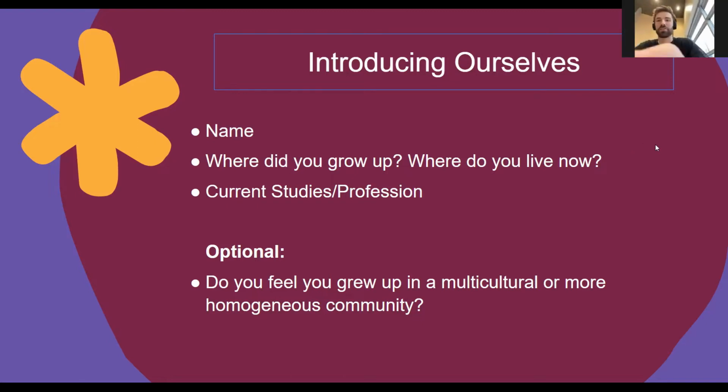I could introduce myself. Can you hear me? Yes. Okay, so I'm Alex. I originally come from Budapest, Hungary. I grew up there, although I also lived in Baltimore, Maryland for about 8 months when I was in my early 20s. And I would say I grew up in a pretty homogeneous context, but now, actually, I'm a student here at the University of Oulu.